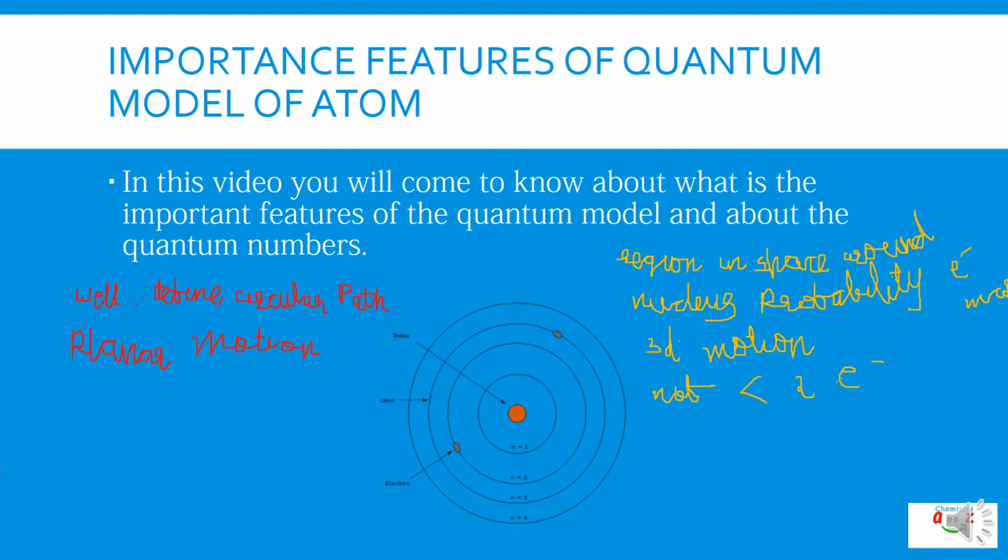And if we think about an orbit, then in the orbit the electrons can be accommodated as per the formula 2n square.